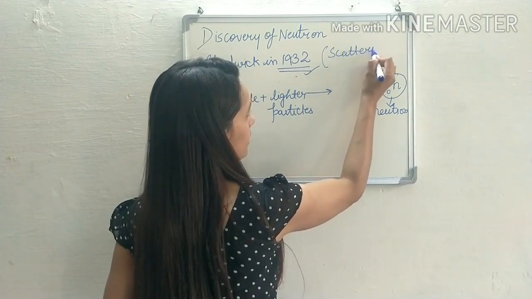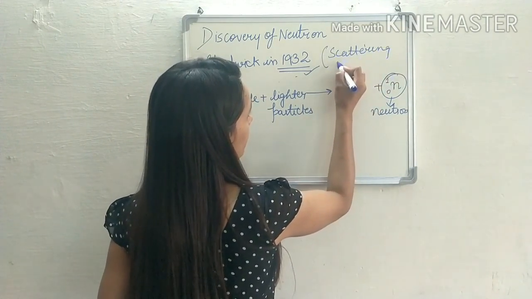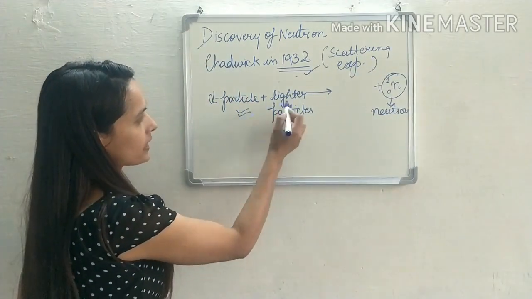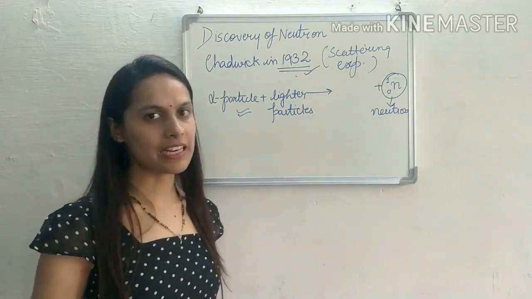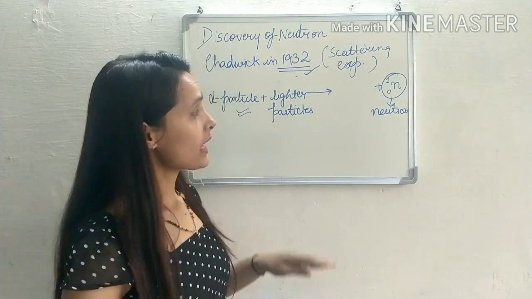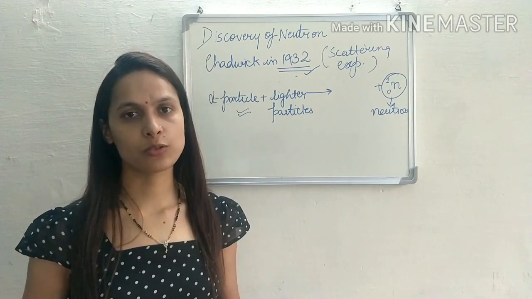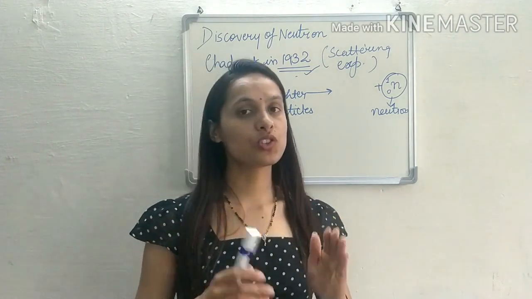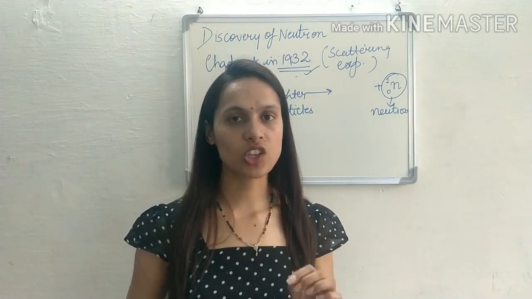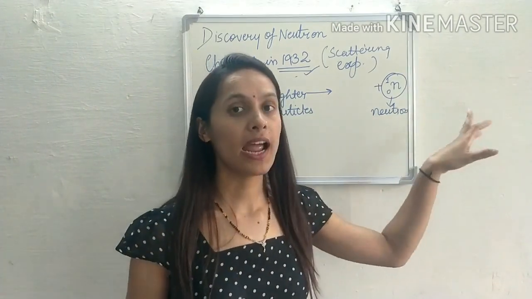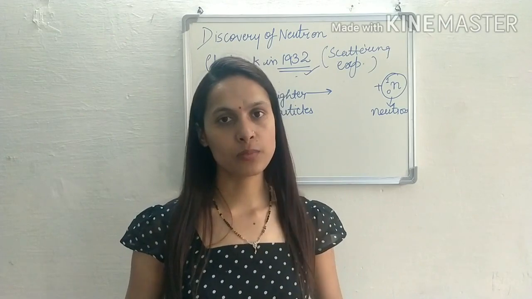In this scattering experiment he bombarded the alpha particle with the lighter particles like beryllium and boron. Then he observed that an unknown particle is emitted from this experiment whose mass is nearly equal to the mass of the proton, but this particle is neutral, and this is termed as neutron.